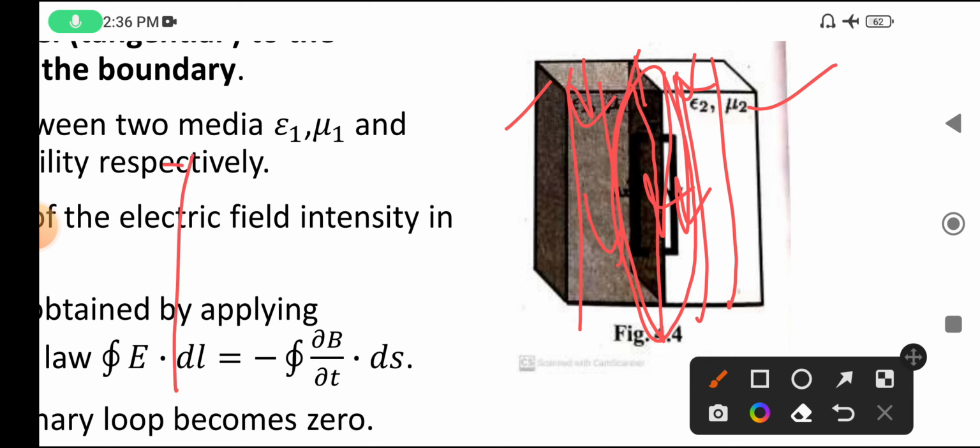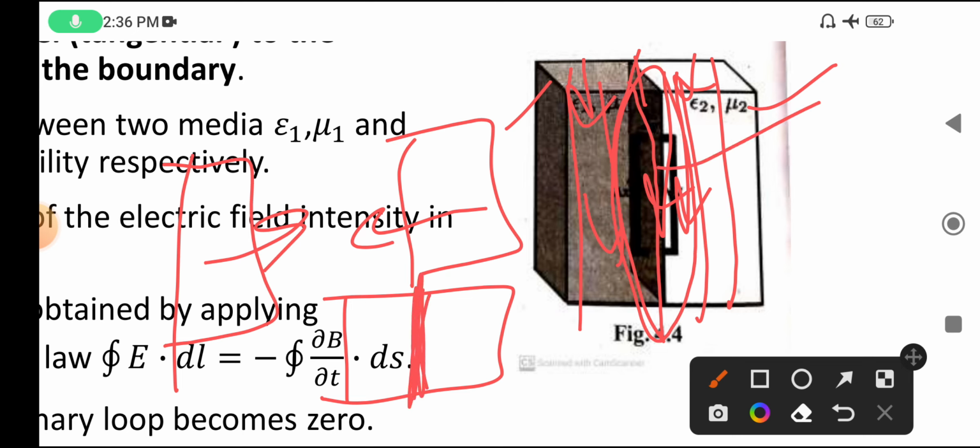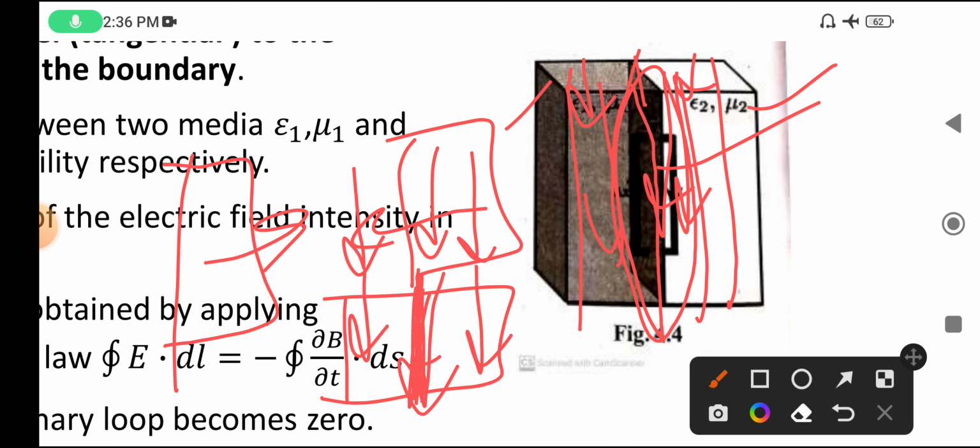If you expose the electric field like this, the electric field also penetrates, and through the boundary the electric field also passes. Passing through the boundary means it is parallel to the boundary, which is called tangential, just touching the boundary.